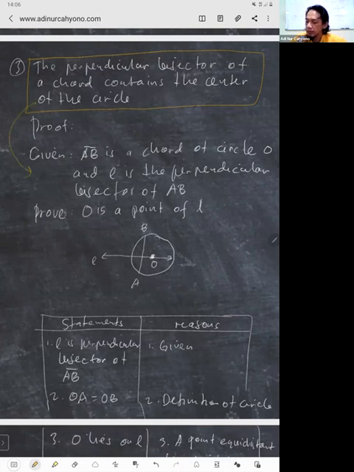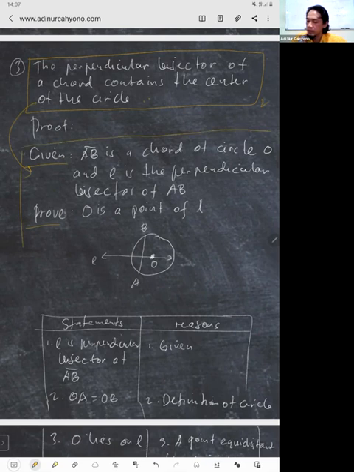For example, the perpendicular bisector of a chord contains the center of the circle, so we can change it into the given and proof form. Jadi kalau ada pernyataan seperti ini dan diminta untuk membuktikan, maka diubah menjadi bentuk seperti ini, apa yang diketahui dan apa yang harus dibuktikan.